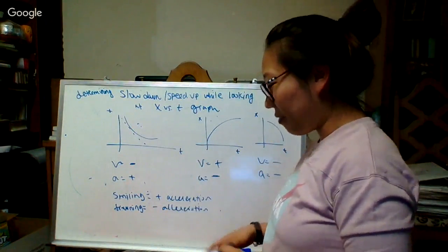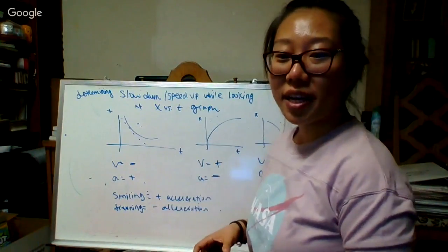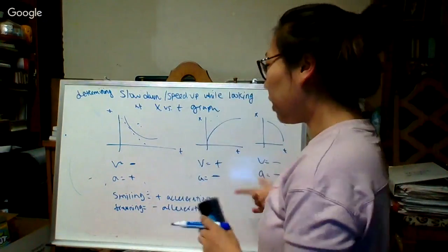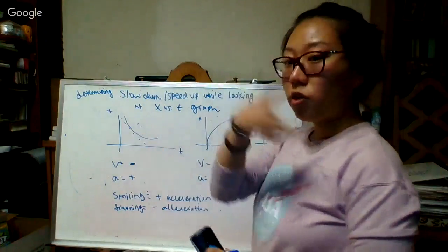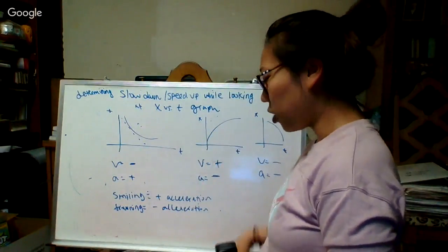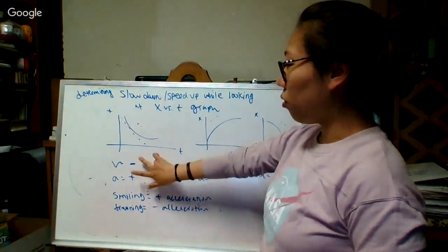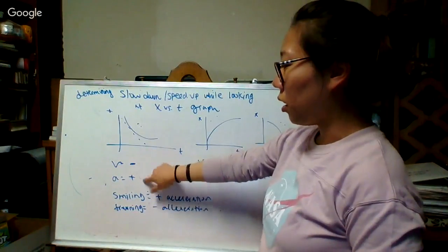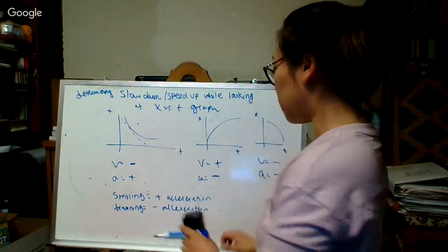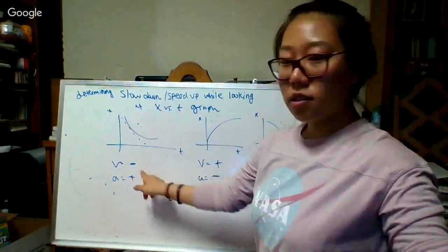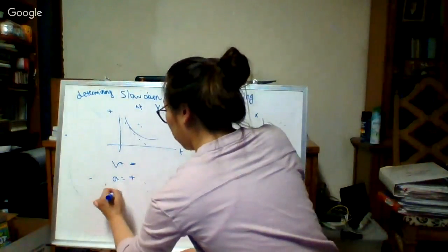Okay, so after that, you're looking at slowing down and speeding up. The slowing down and speeding up, you can do it in two different ways. Actually, no, there's only one way. The only way to do it is the velocity and the acceleration. Is there a difference in sign? Okay, this one has a difference, so this one is going to be slowed down.